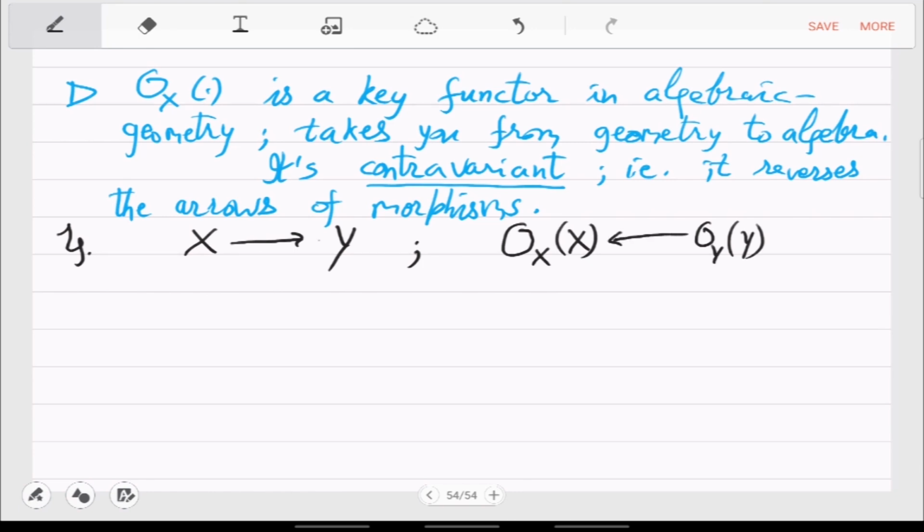So, in geometry basically if you are trying to cover Y by X, then in algebra you are going to a ring extension of O_Y(Y). Okay, so, covers are like ring extensions. So, covers correspond to ring extensions.